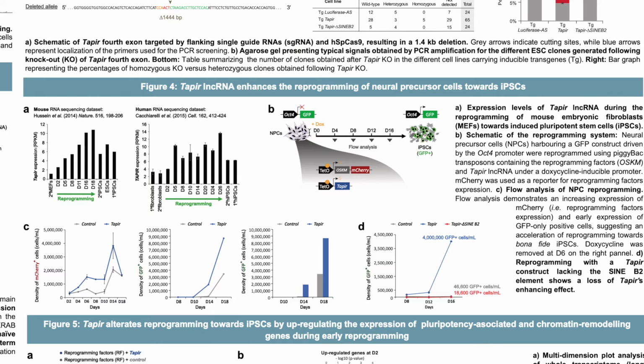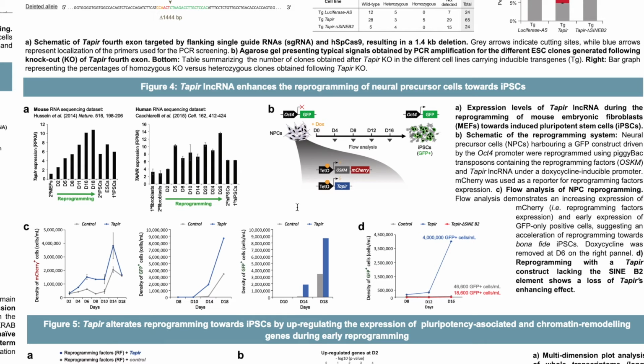We also did our own experiment using a system where when the cells become iPS, they turn green, and we use neural precursors and introduce the reprogramming factors, OSKM: OCT4, SOX2, KLF4, and c-MYC, with and without Tapir, to see what happens.